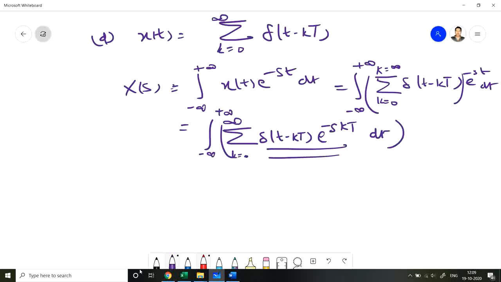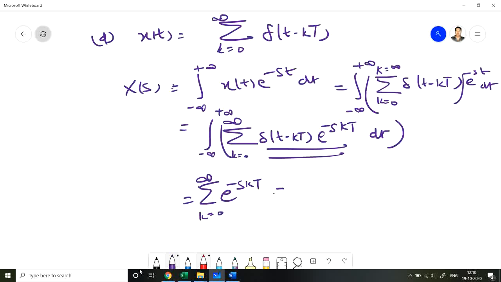Please check this. We have used the sampling property. So the solution of this is basically this e^(−skT) we can put outside, and summation also we can put outside, and the integration of the remaining term will be equal to 1.